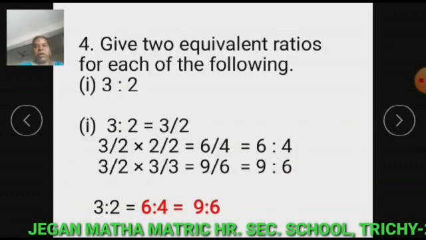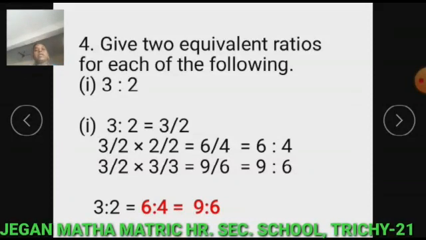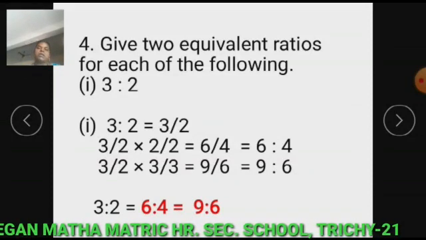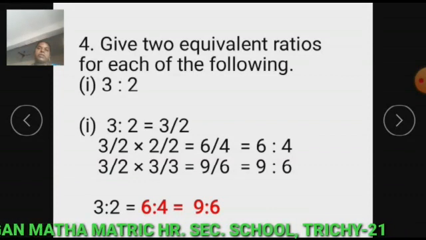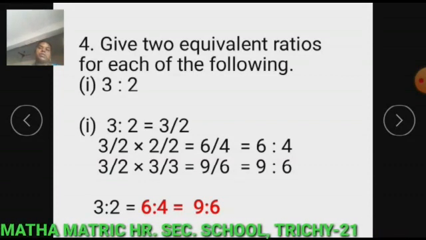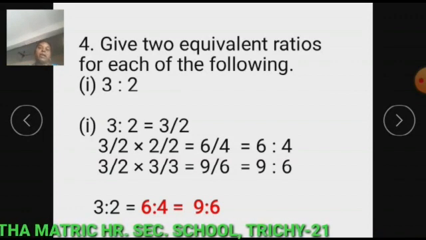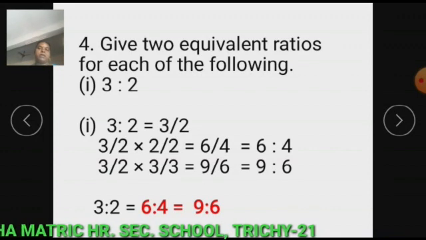Question number 4. Give 2 equivalent ratios for each of the following. Subdivision 1, 3:2. We can get the equivalent ratios by multiplying denominator and numerator by common number.